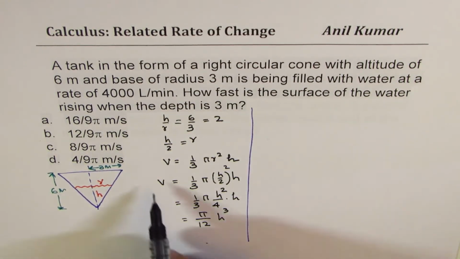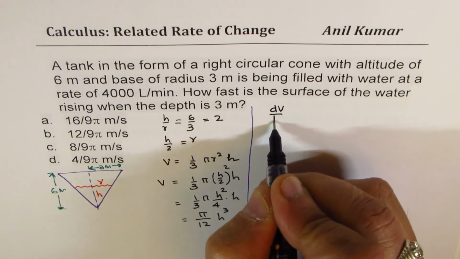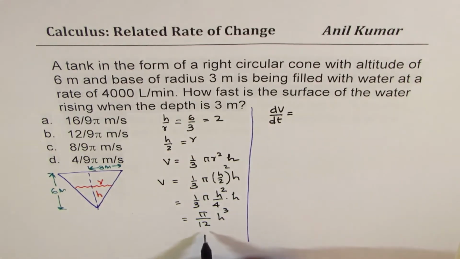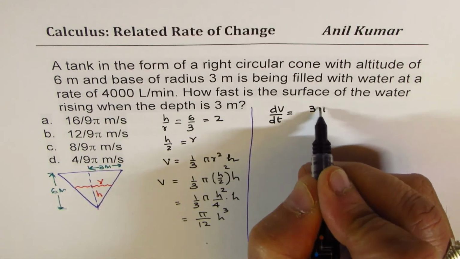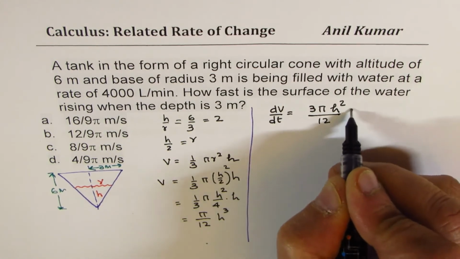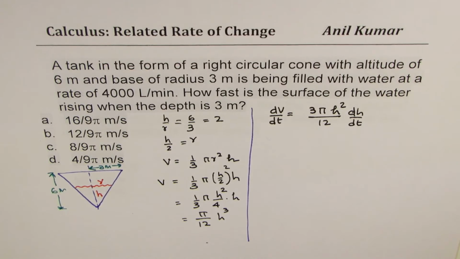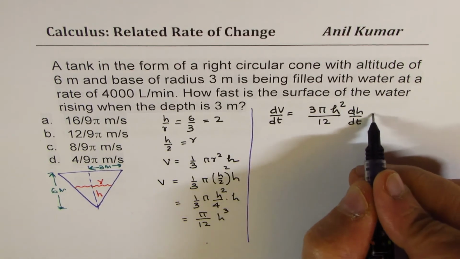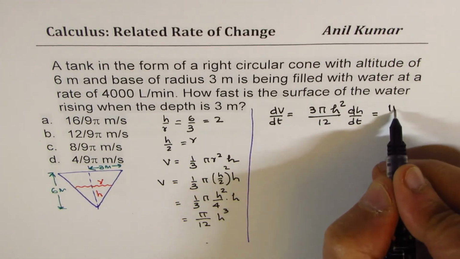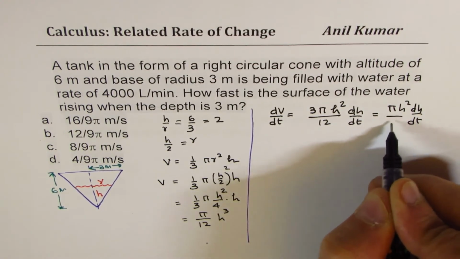Now we can easily find the rate of change with respect to time. So we get dV/dt equal to 3 pi h squared over 12 dh/dt, correct? Which you could simplify as pi h squared dh/dt over 4, correct?